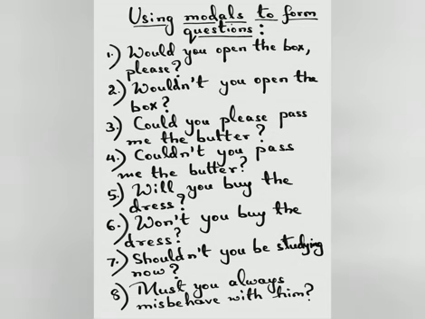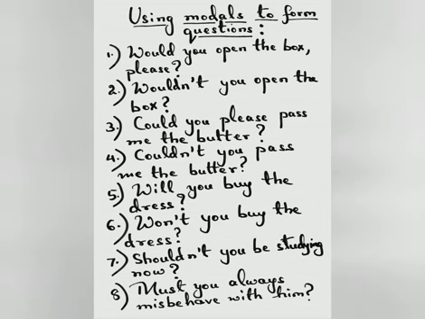Or could not you pass me the butter? Here, an urgency can be noted. So you're urgently asking to pass on the butter. A kind of persuasion is being made. So it's not exactly a very polite request.